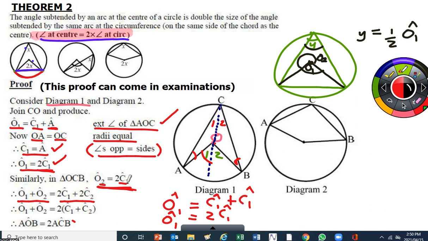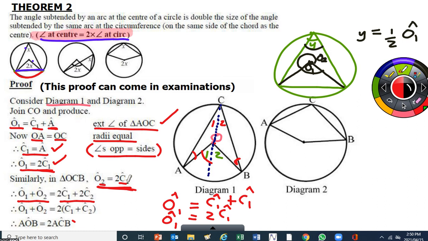So if you join OC, you start by drawing the line from point C, you go to point O, but you carry on going down. That's what it means by produce. It's not a diameter, because I didn't go as far as the circumference. I stopped just before the circumference, so you cannot call it a diameter.